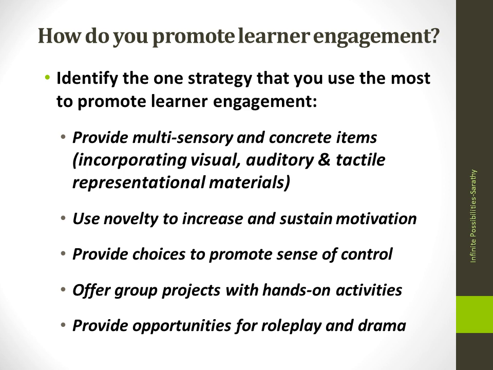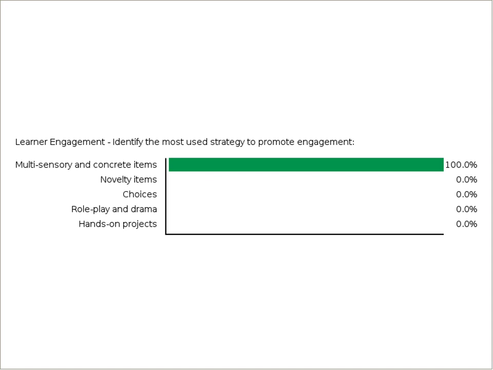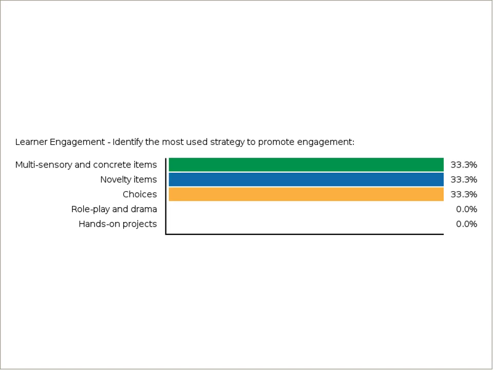Now I'm going to move on to the survey, and this is what the survey is. Learner engagement. Identify the most used strategy to promote student engagement. Multisensory, novelty, choices, role play and drama, or hands-on projects.